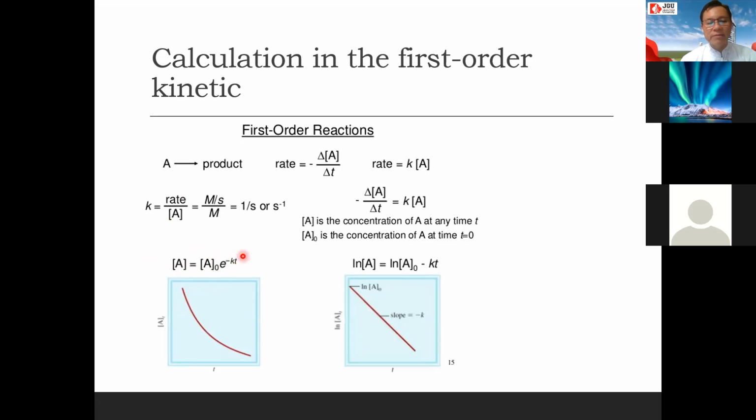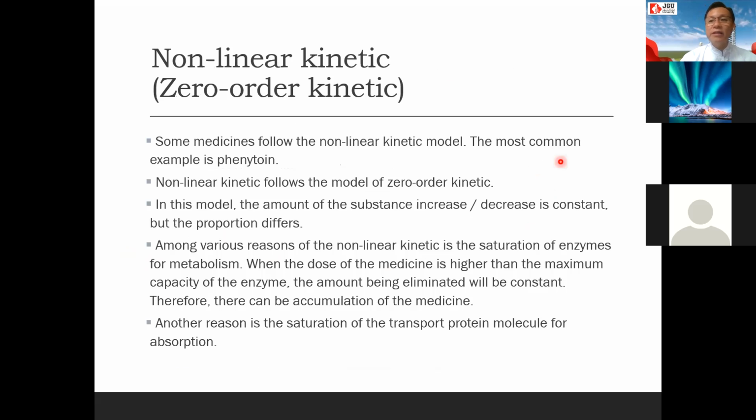So this is first order kinetic. If we put it in ln and integrate, it becomes ln A equals ln A0 minus kt. That one you have to know. And then now non-linear kinetic.